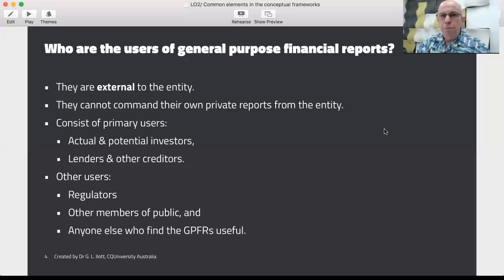They are published for people outside. Why is that? Because the people inside the firm can command better reports. They can see things in more detail and they can command reports whenever they need them. Not so for people outside, such as your shareholders. So general purpose financial reports are really designed and published with those people in mind.